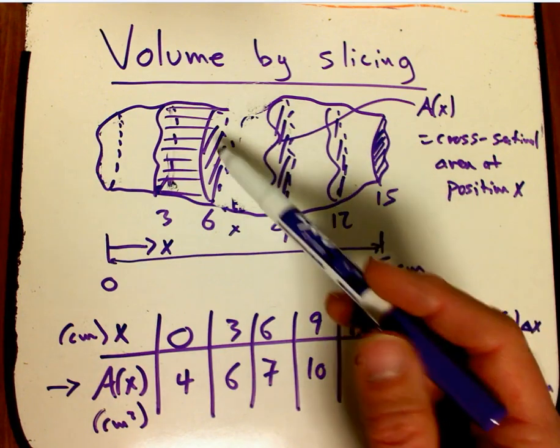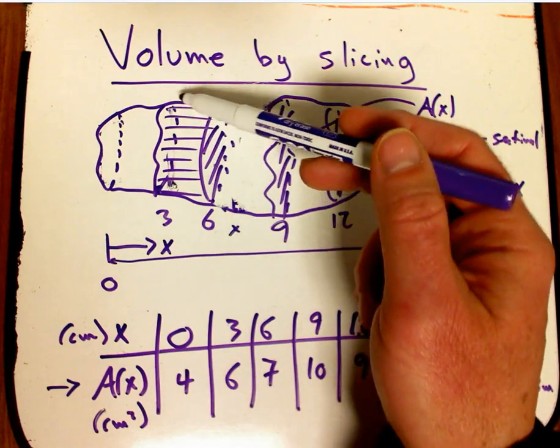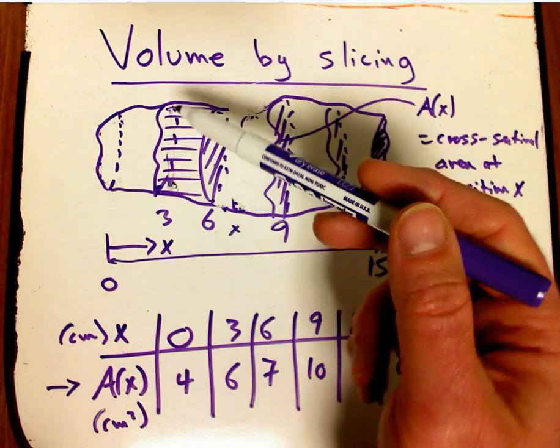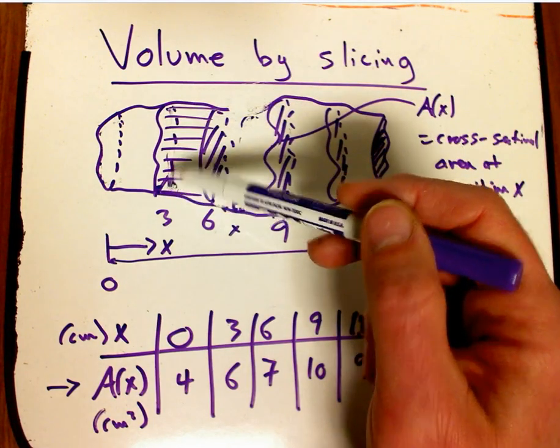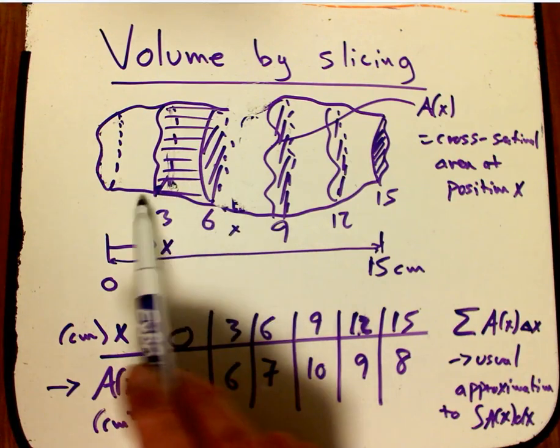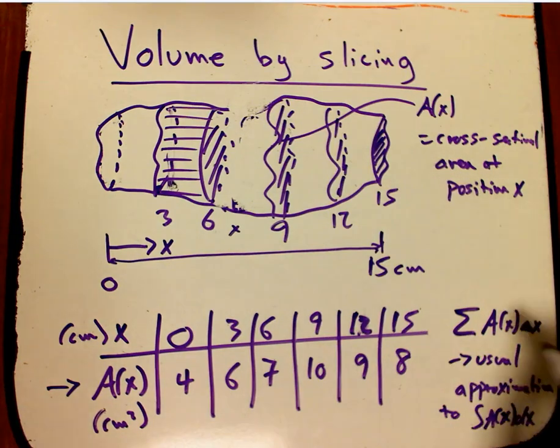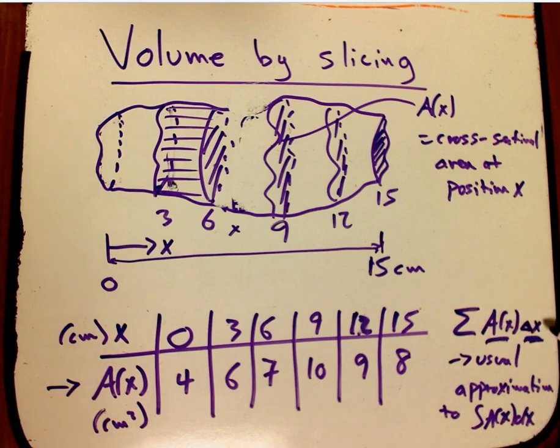Still the same idea: if you have something that's basically a cylinder with a weird base, and you know the height of the cylinder, here it's sideways, and the cross-sectional area, you just multiply area times thickness, or height if you want to use that word, to get the volume, and just add them all up.